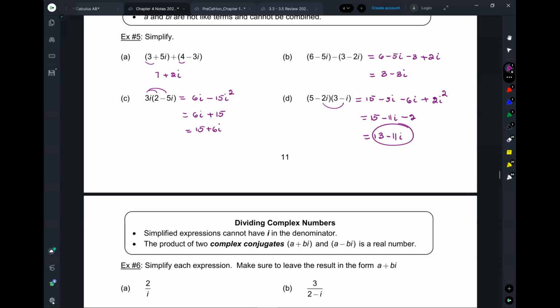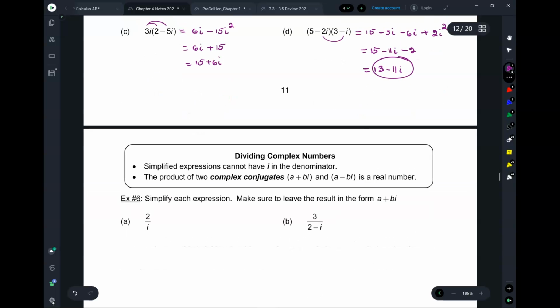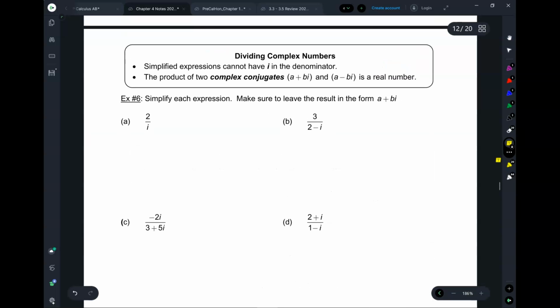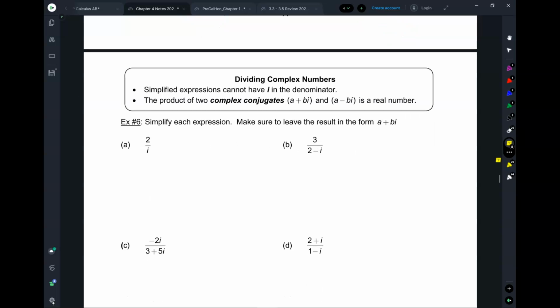Okay. All right. So we know how to multiply. Let's talk about how to divide. Dividing complex numbers is another situation. You know how we never leave roots in the denominator? You also cannot leave any i's in the denominator.